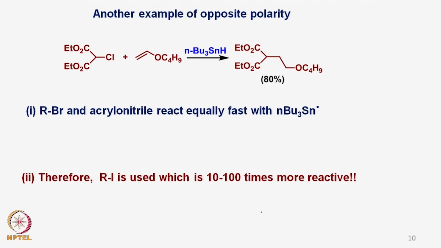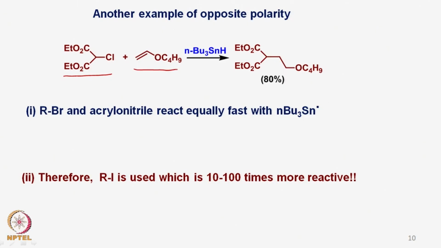Now another example of opposite polarity can be seen, where we have a halide in which 2 electron withdrawing groups like esters are attached, and we have this electron rich double bond.